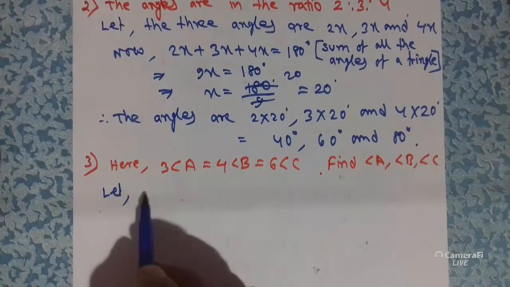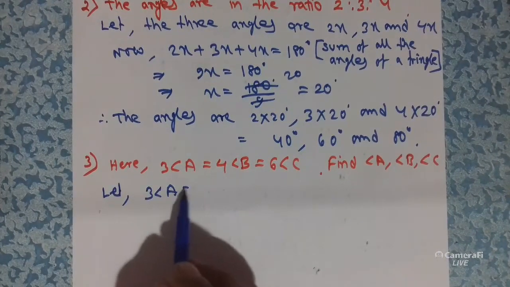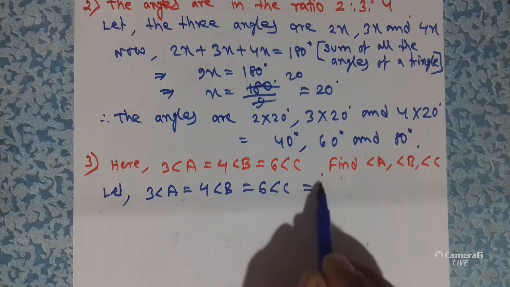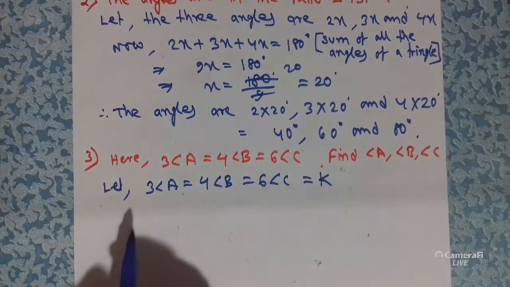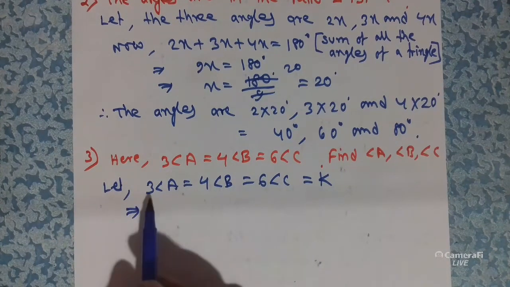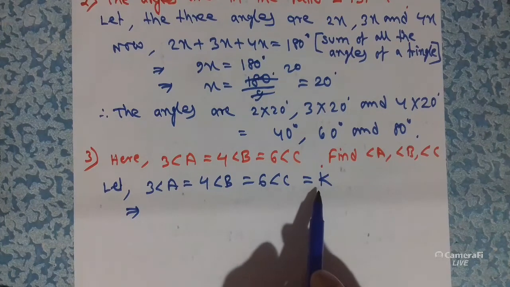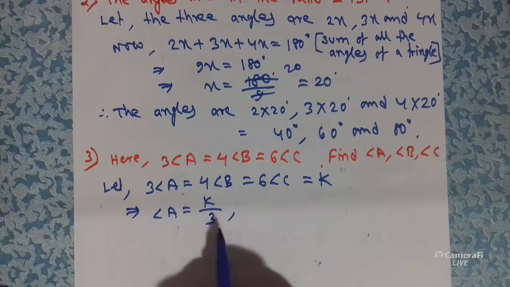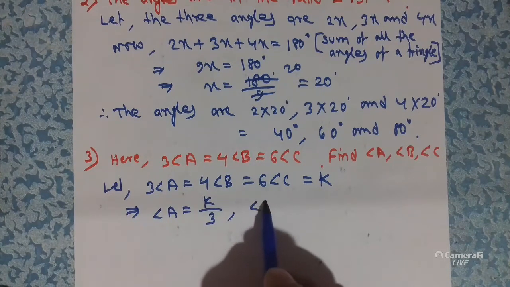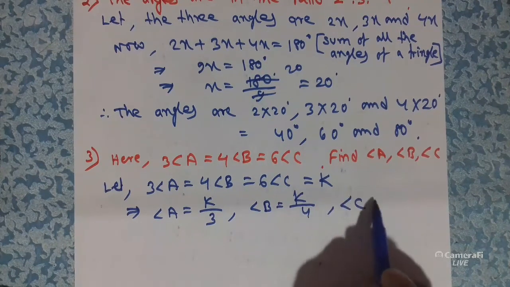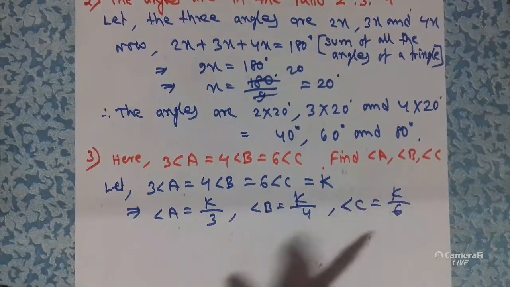At first we take 3 into angle A is equal to 4 of angle B is equal to 6 of angle C is equal to K. So now we can write that 3 angle A is equal to K, so angle A is equal to K by 3. Similarly, angle B is equal to K by 4 and angle C is equal to K by 6.